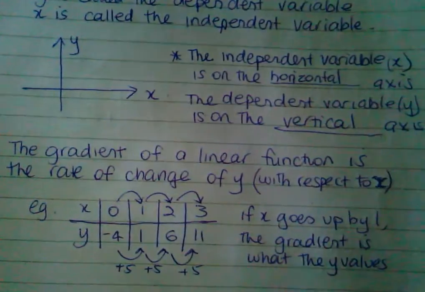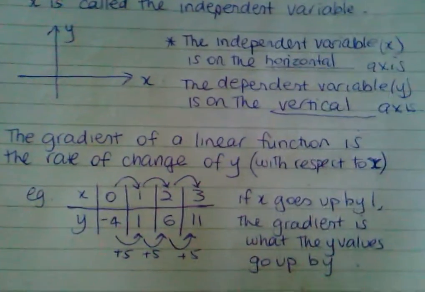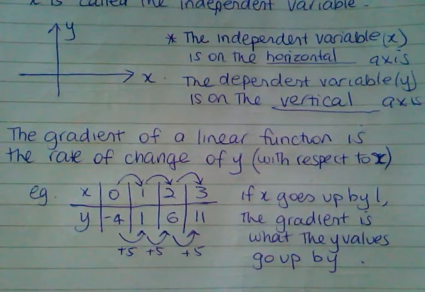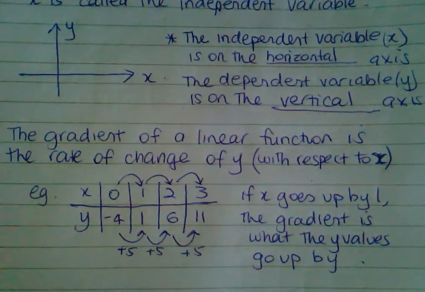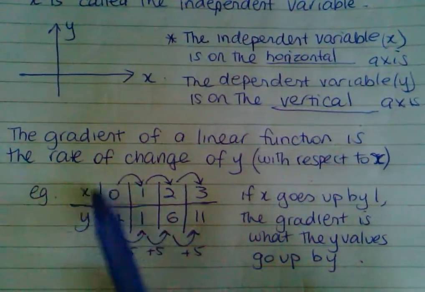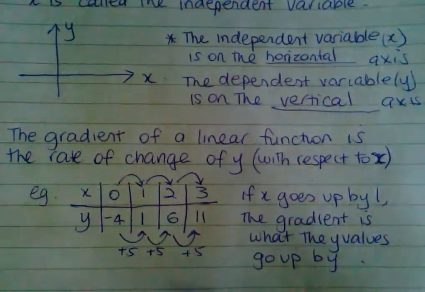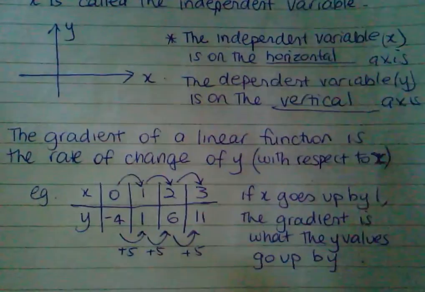Now, we did a lesson on this. But if you want to use that method and say, yep, y goes up by 5, the x's have to go up by 1. Otherwise, you can't use that method. All right? So, basically, the rise is 5 for every 1 that the x's go up. So, it's 5 over 1. So, remember, we did this the other lesson.